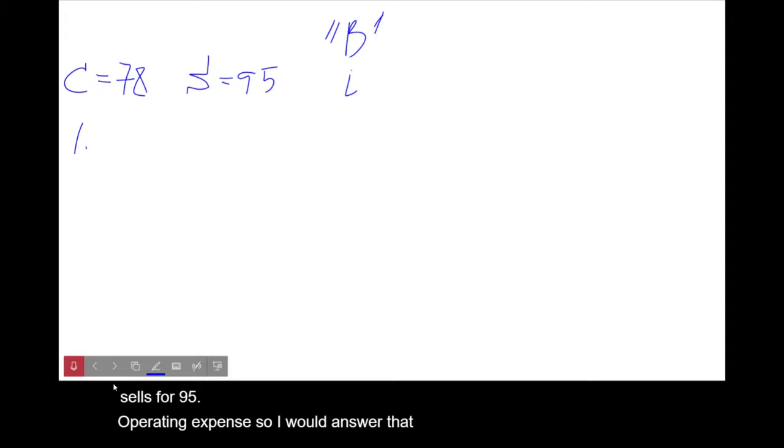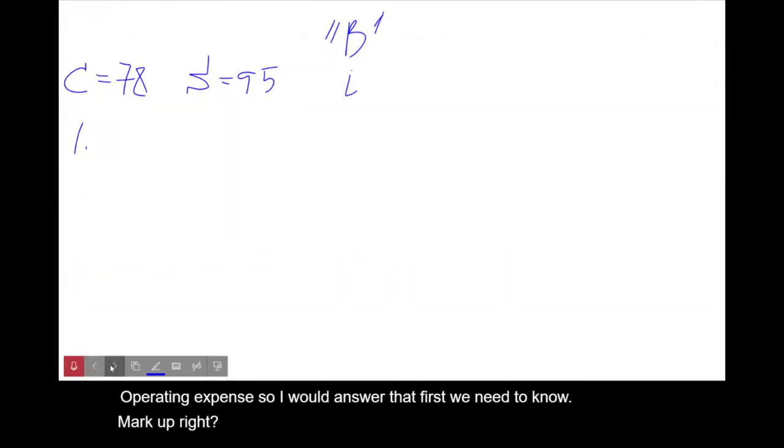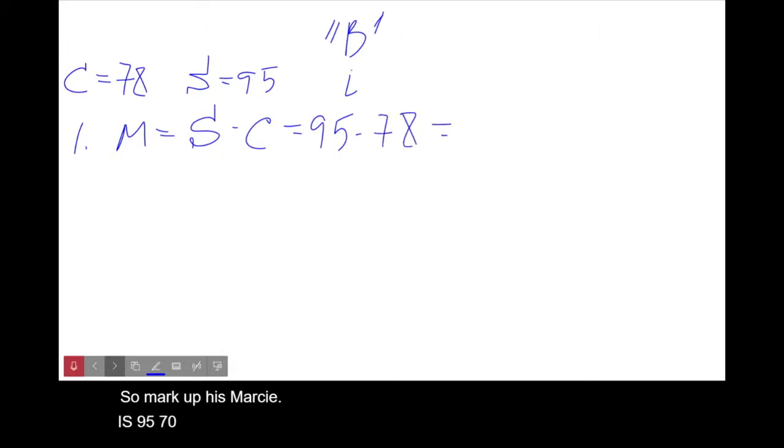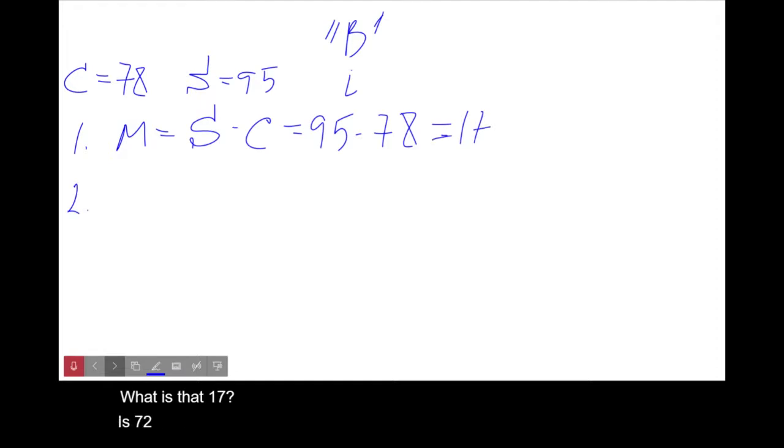First, we need to know markup, right? So markup is S minus C, 95 minus 78. What is that? 17.